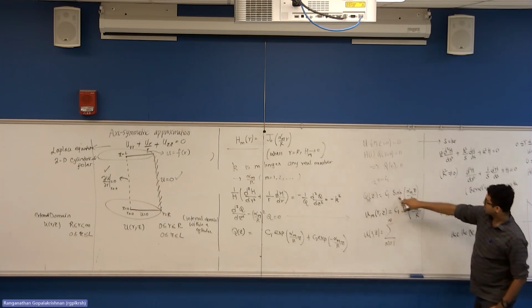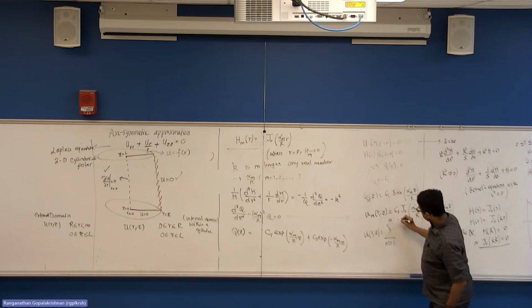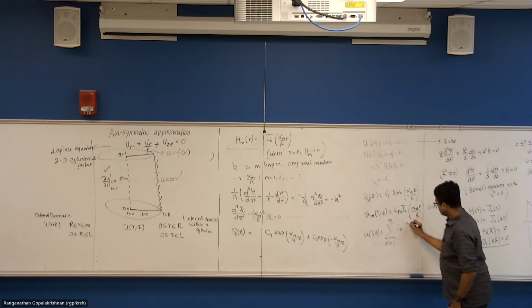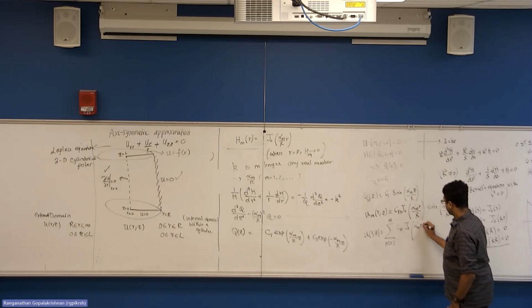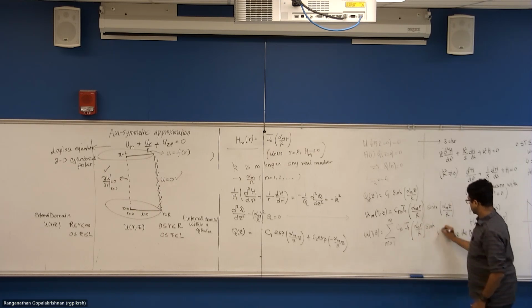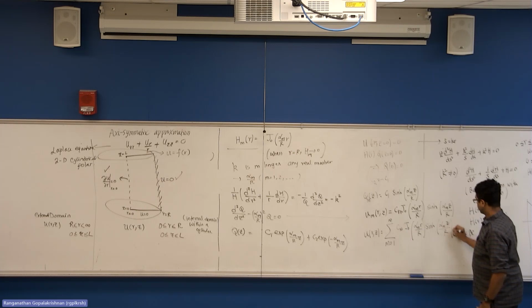Instead of calling it C1, I'll start calling it C_m because it depends on a specific value of m: J naught of alpha m r over R multiplied by sinh of alpha m z over R.